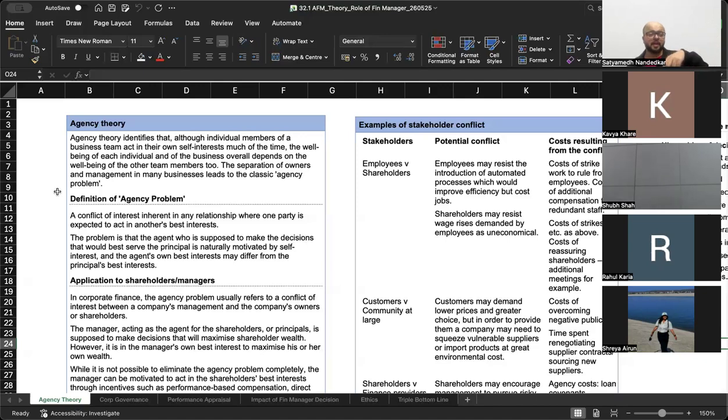They make sure that all the activities are happening for their benefit, even at the expense of shareholders and the company as a whole. So the ones who are making the decisions versus the ones who own the business are not the same set of people, and the agents might sometimes make decisions which will benefit only them, and they will be to the detriment of the shareholders, right? So this is our classic agency problem wala situation.